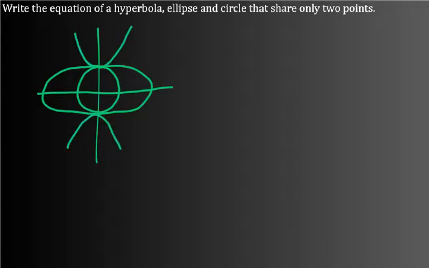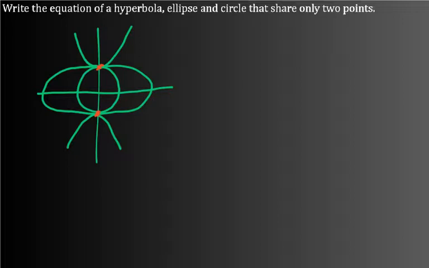So this is my plan of attack. I want a hyperbola, an ellipse, and a circle that only share these 2 points, right? These three are all intersecting in just one spot right there, and then they're also intersecting right there. So those 2 dots are the 2 points, okay?